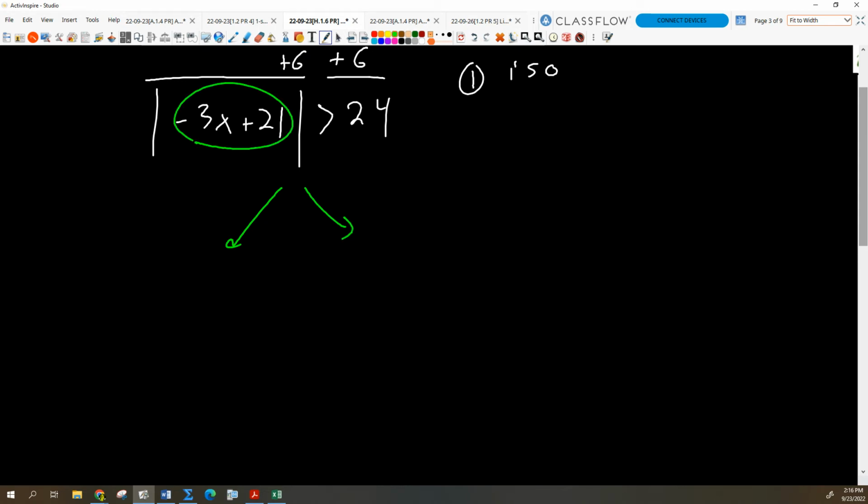So how am I going to write that? What's my or statement going to be? Mason, what am I going to get here? Okay. Negative 3x plus 21 is, no, greater than positive 24.